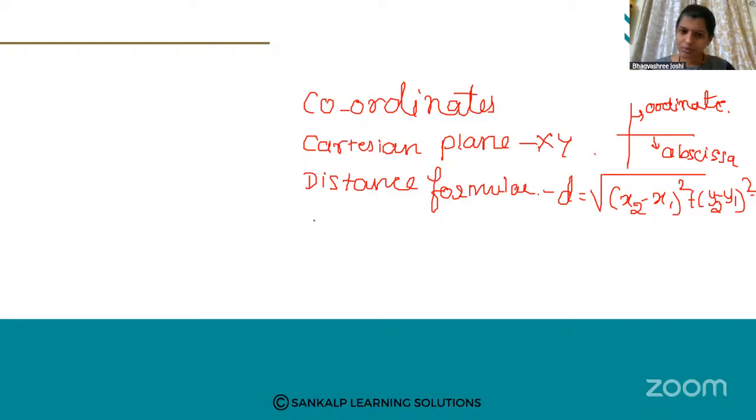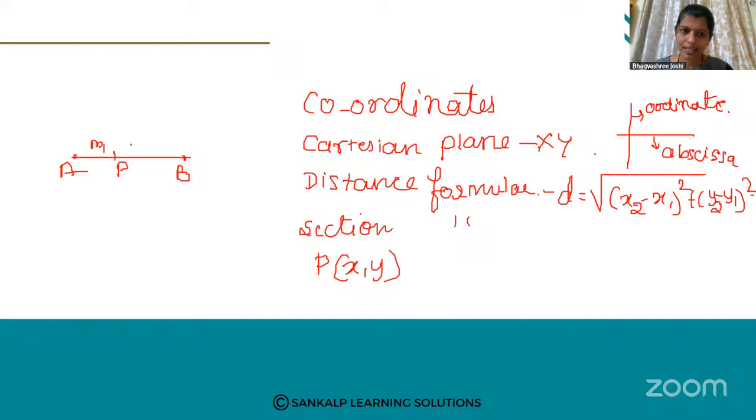Next, in today's session we have discussed about the section formula, right? In section formula, coordinates of P we find out. So here the line which is dividing in the ratio M1 is to M2, right? This is A, this is B. This point divides in the ratio M1 is to M2, right? When ratio is there, that is section.